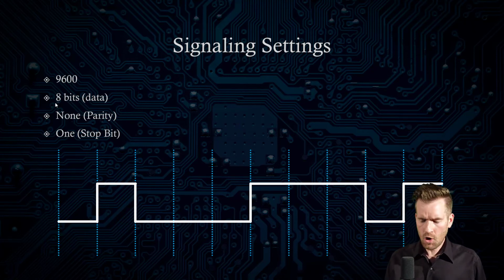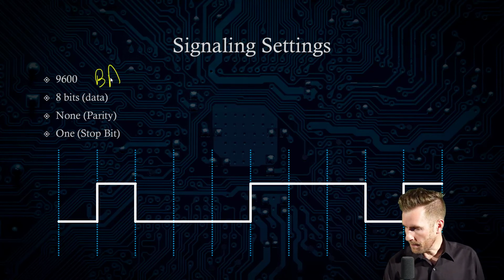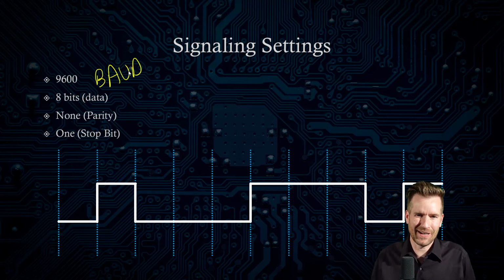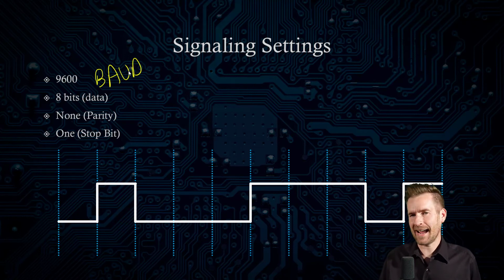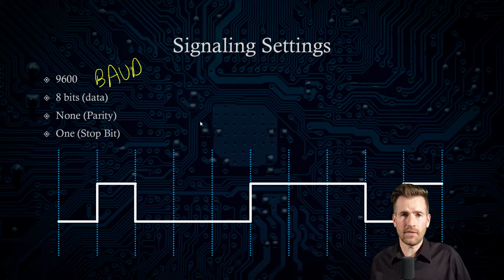Well, first of all, we have to set what is called the baud. The baud is the binary assembly unassembly data. So what does that mean? Well, it's just the timing of all this. It's essentially saying what is the timing of the communication, or the speed at which we're going to be communicating. It is a little different than what we call bits per second.